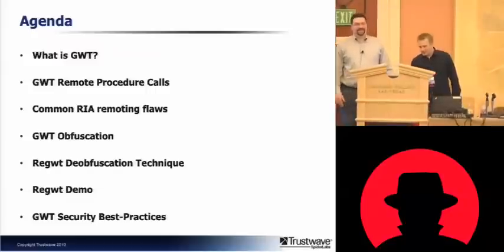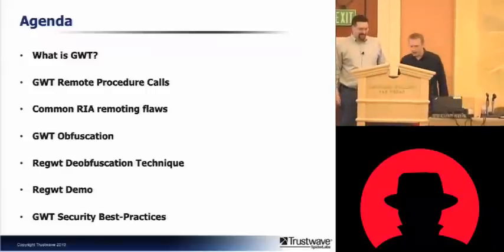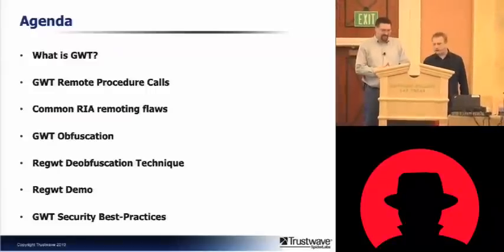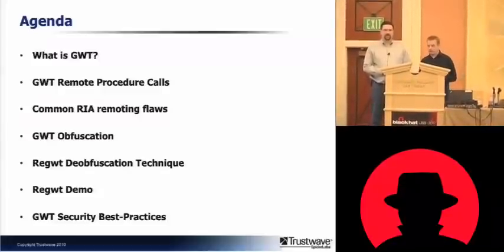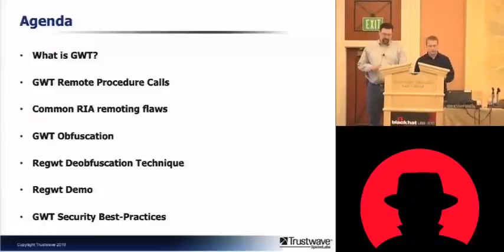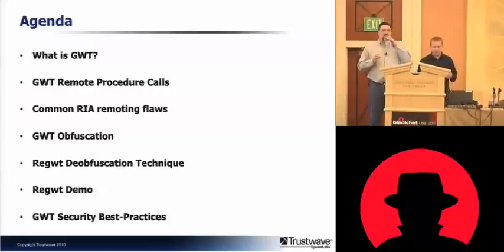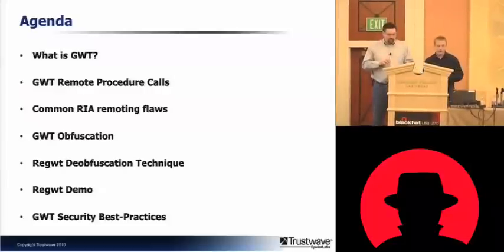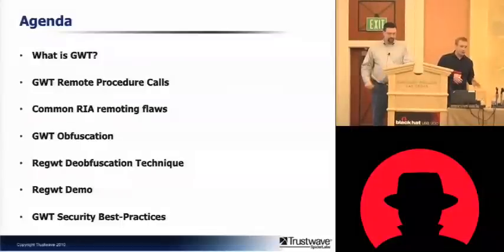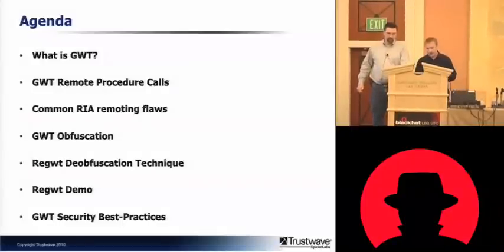You want to take this? Okay. I don't know how many of you are already familiar with GWT, but I'm going to assume a fair amount are. We are at Blackhat. But we're just going to give a brief overview of its features. Most of GWT is dedicated to the user interface, but the security problems are usually found in the remote procedure call functionality. That's a lot of what we're going to focus on today, even though we're going to touch on the rest.